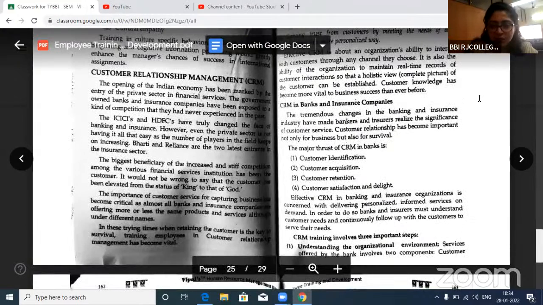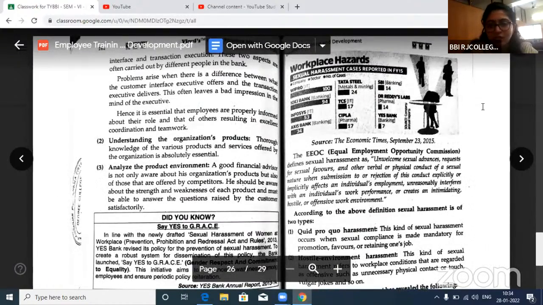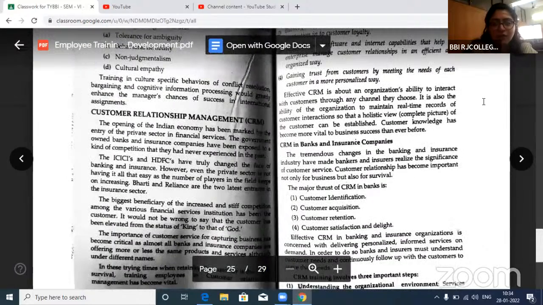So CRM is not that compulsory. It's just customer relationship management. So you are building up your customer base, and you are trying to improve the relationship with them. So to improve the relationship with customers, you need to train employees. Simple as that.